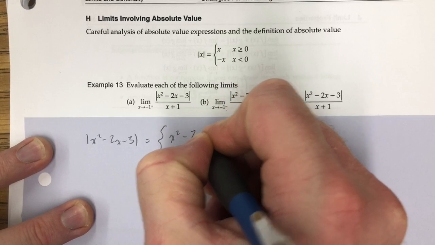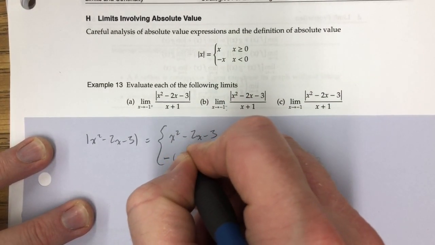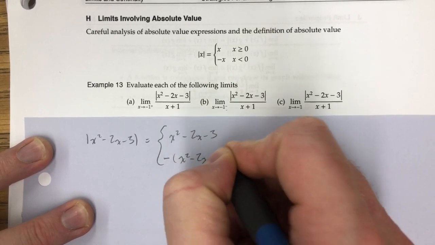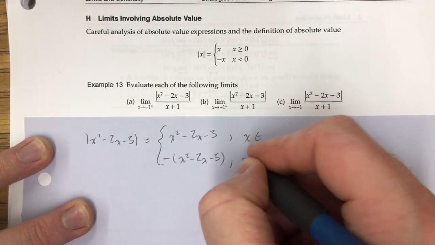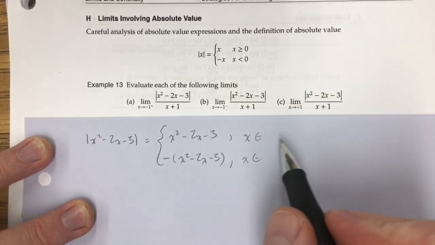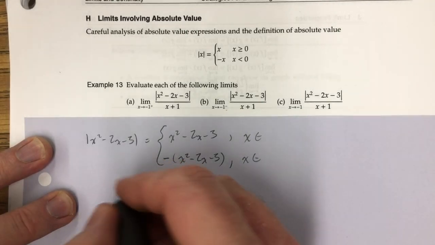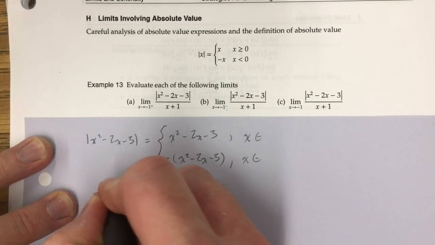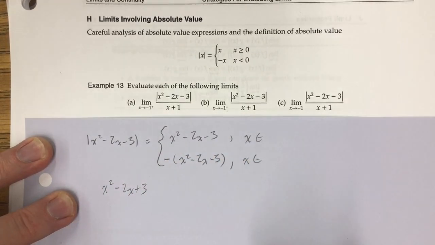It's either x squared minus 2x subtract 3 or negative x squared minus 2x subtract 3. And we're interested in when it takes on those values. We do this through sign analysis of x squared minus 2x minus 3.